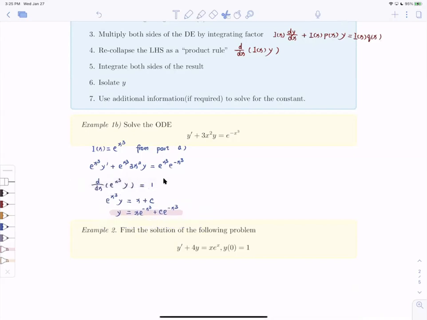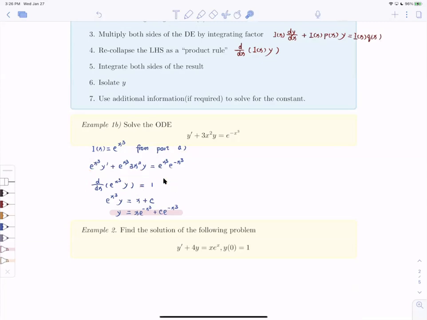Okay, so hopefully everyone got it. Basically, just follow what I wrote before. You find your integrating factor, we know this already from part A, and then you multiply the integrating factor on both sides of the equation, then you will get this. And then you recollapse this part to the derivative of e to the x cubed y, which equals 1, and then you integrate both sides with respect to x.